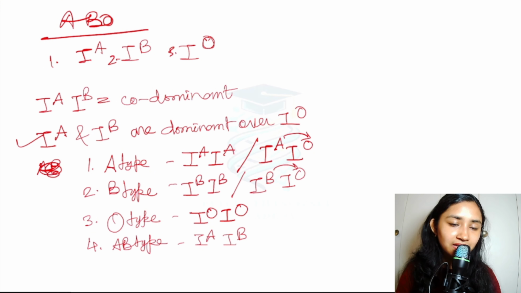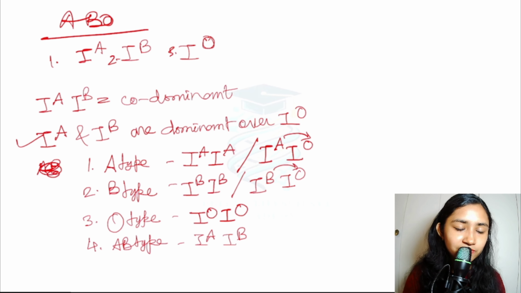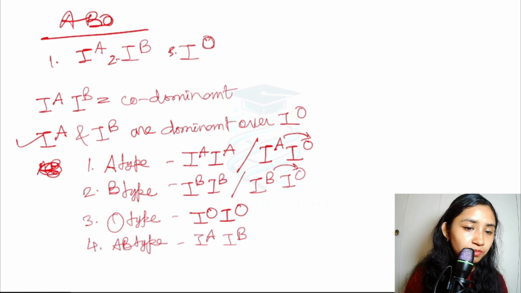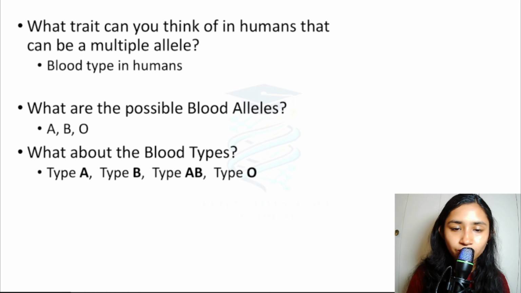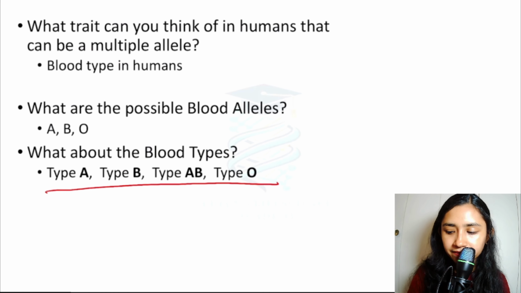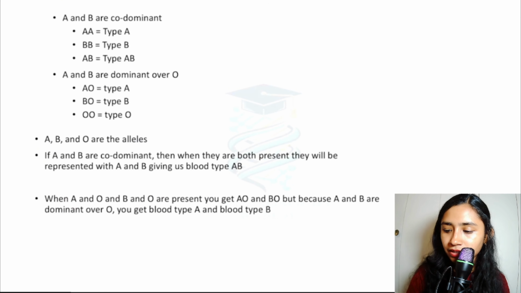So the main thing is that we have multiple alleles, that is 3 alleles for human blood group type, but each individual has 2 alleles, while in the population there are multiple alleles. So there are 4 types of blood type: A, B, AB, O. We have already discussed this. AB are codominant.